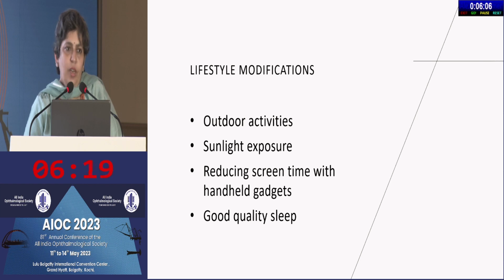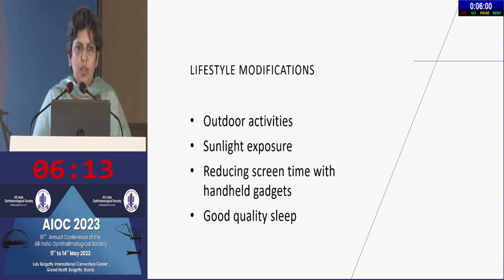There are enough data and several studies which have shown that progression decreases if the child spends at least 2 hours outdoors. Both screen time and excessive near work are considered myopiagenic, and definitely increase progression.